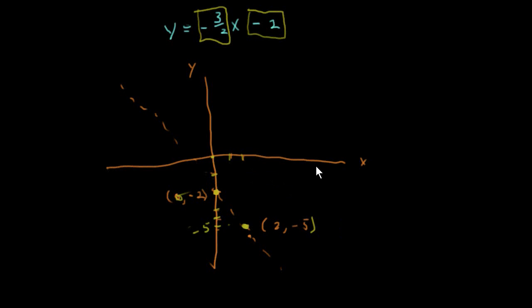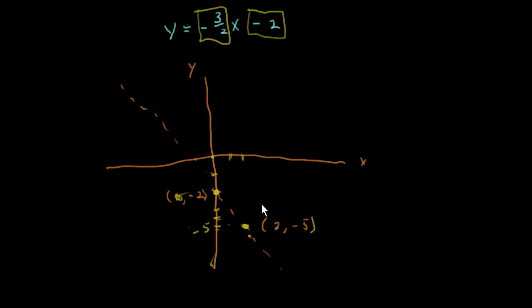Okay, so for the third and final step, we need to shade one side of the boundary line or the other side, either this half plane up here or the half plane on the other side. And how we determine that is we need to pick a test point. Any point that's not on our boundary line is a good test point.